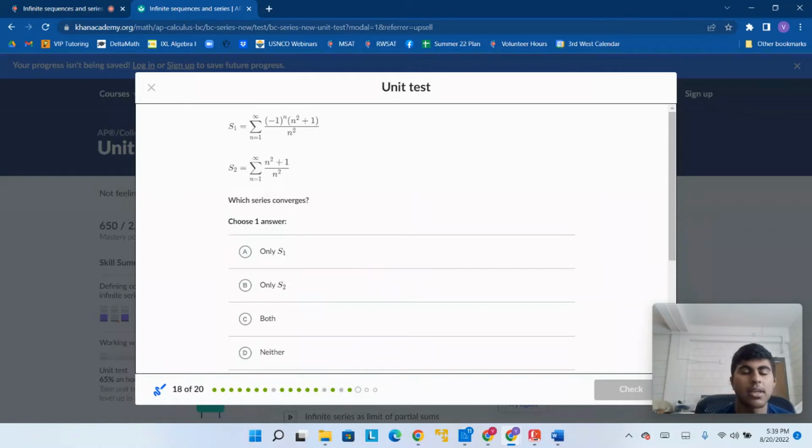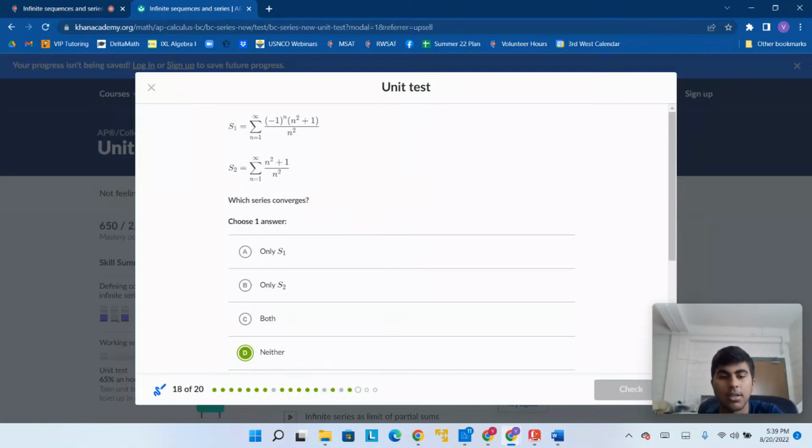So you're never really going to get to 0. None of the terms are ever going to go to 0, are they? They're going to get smaller and smaller, but they never get to 0. They just go to 1. So that means they failed the nth term test. They're never going to converge. So our answer is neither.